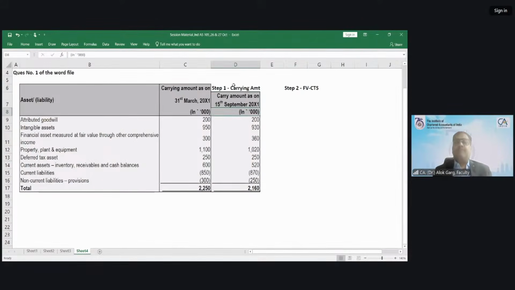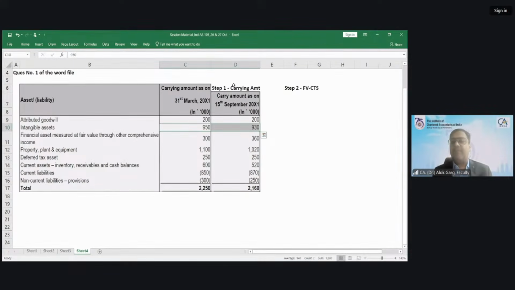Friends, now this was the carrying amount as on 31st March. This is the carrying amount as on 15th of September. Goodwill stays at 200. Intangible asset goes from 950 to 930. Why does 950 become 930?